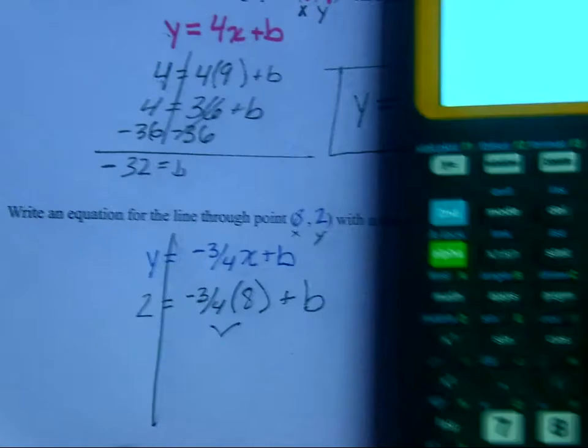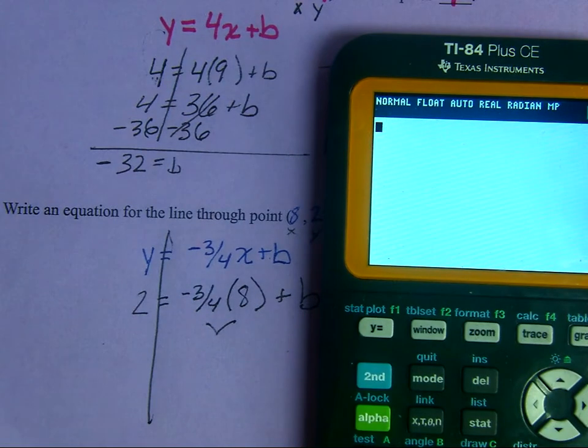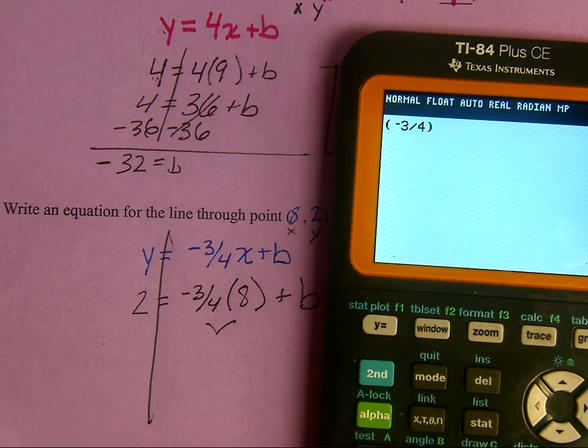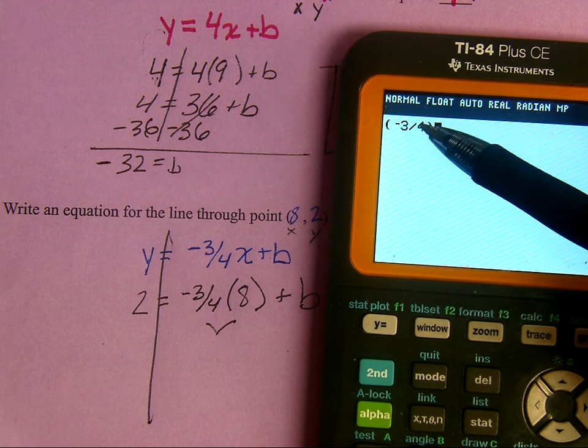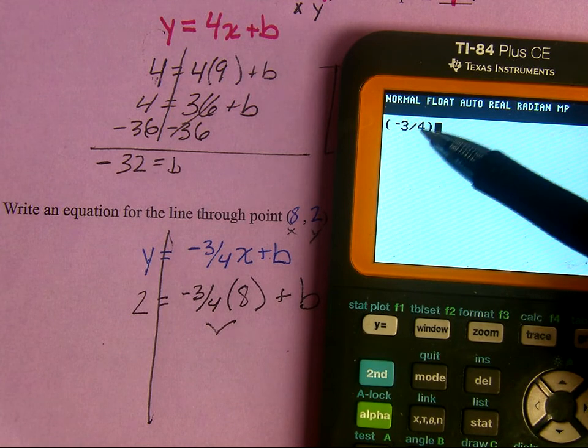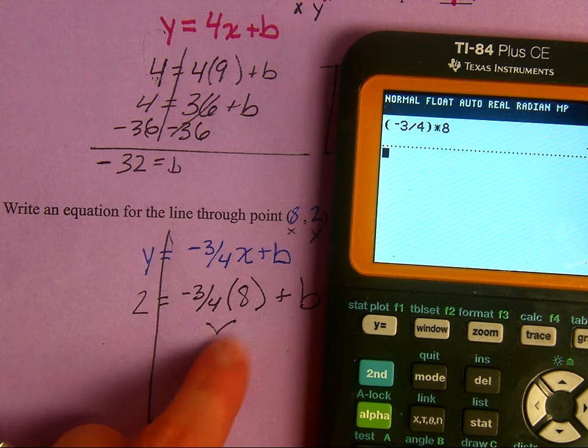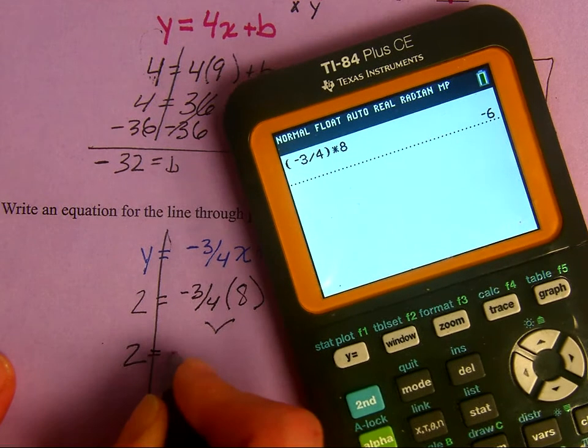So maybe you needed your calculator. So just to show you how I would type this in, I'm going to put my -3/4 in parentheses. So remember, this is just the division button. So I typed in -3 divided by 4. And then I need to times that by 8. So that becomes -6.